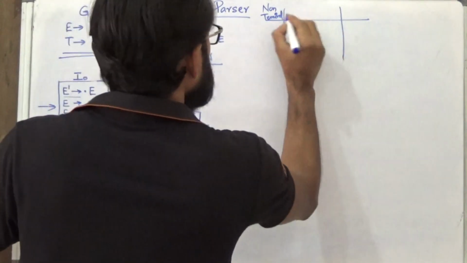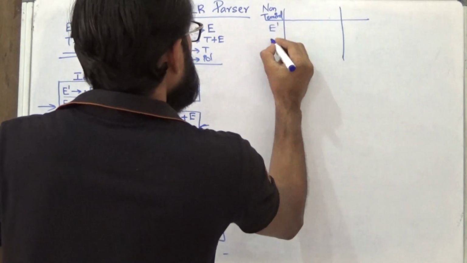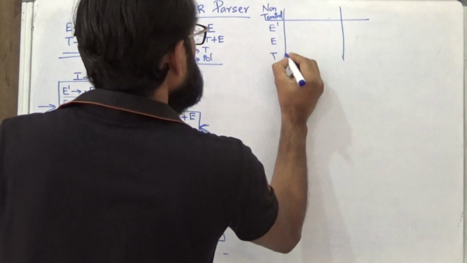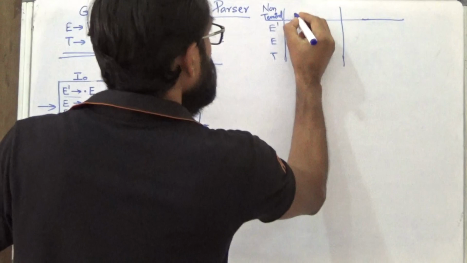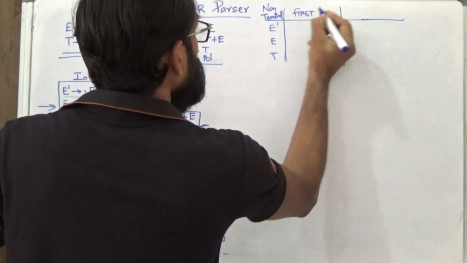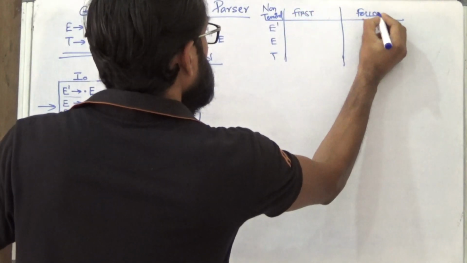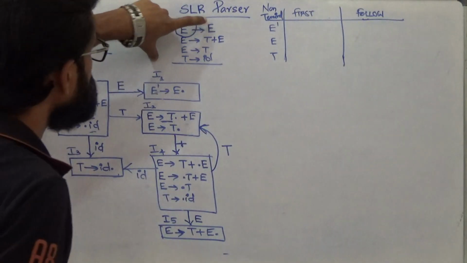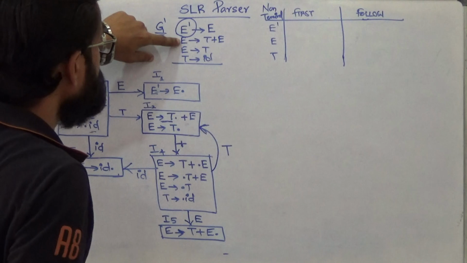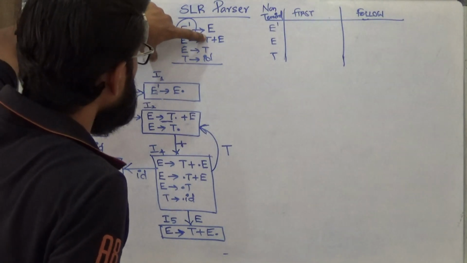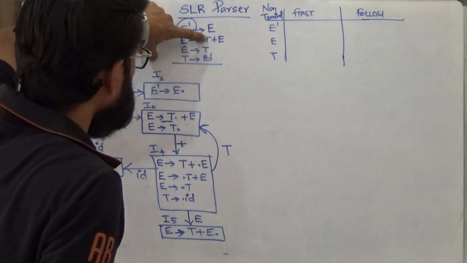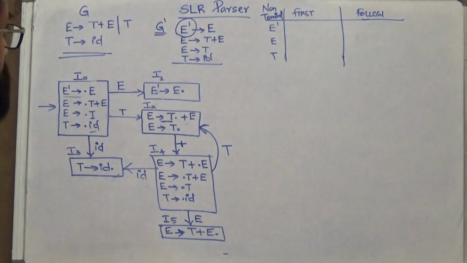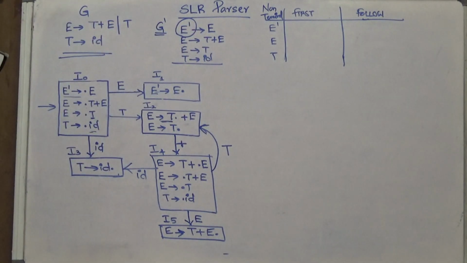You have the non-terminals E dash, E and T. In order to compute follow, you need to use the first information. So what about first of E dash? First of E dash is first of E. First of E is actually first of T. First of T is actually ID.